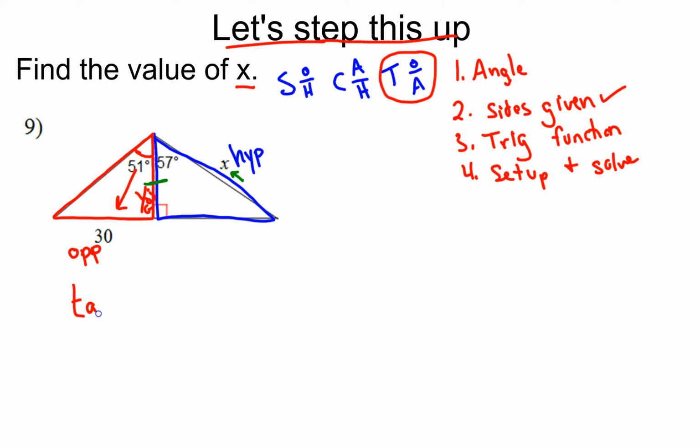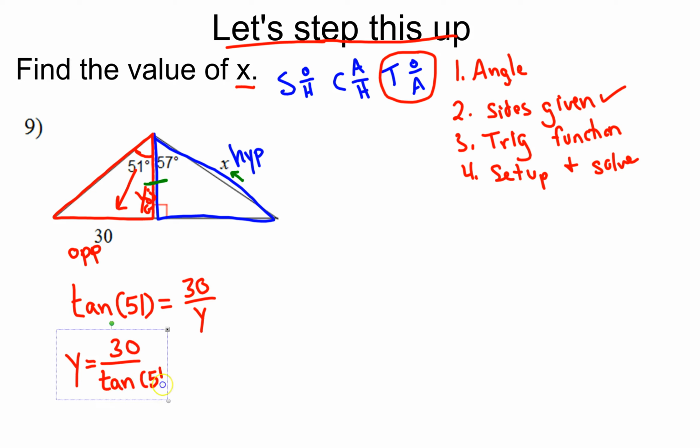The tangent of the angle, remember angle always goes in there, is equal to the opposite, in this case 30, over the adjacent side, y. Now if you guys remember, if the variable's on the bottom, we're going to divide by that trig function. So we're going to get y is equal to 30 divided by the tangent of 51.